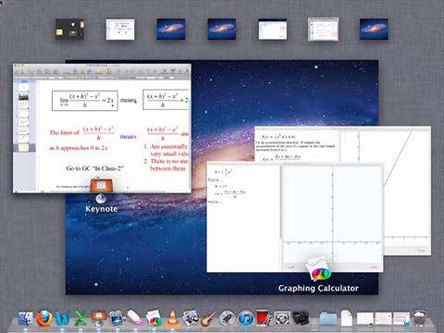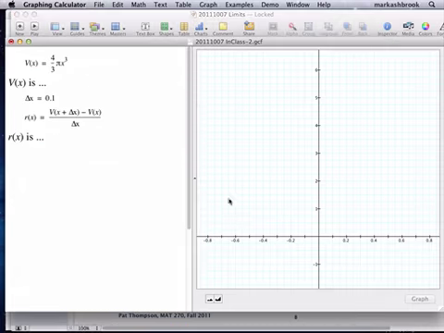Okay, so new example, quickly. V of x is the volume of a sphere. How can we write it as an accumulation function? How is it that V of x is an accumulation function?